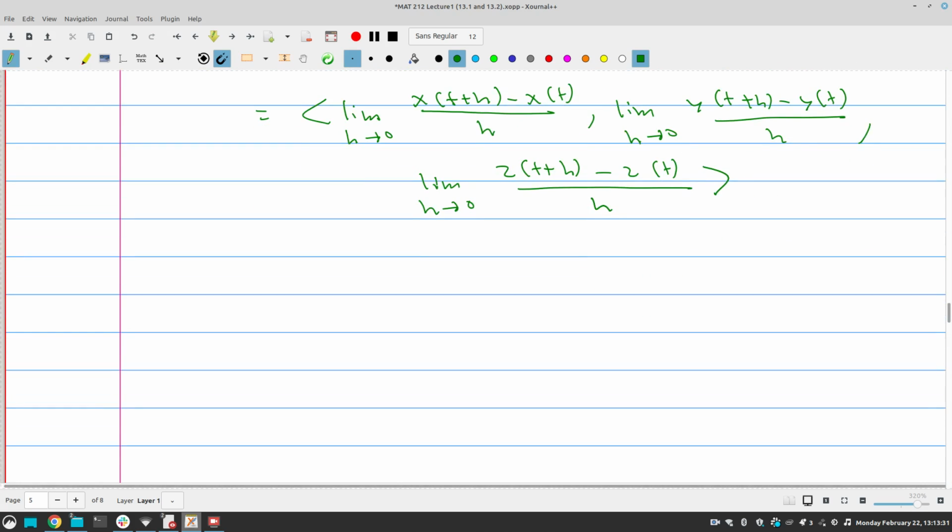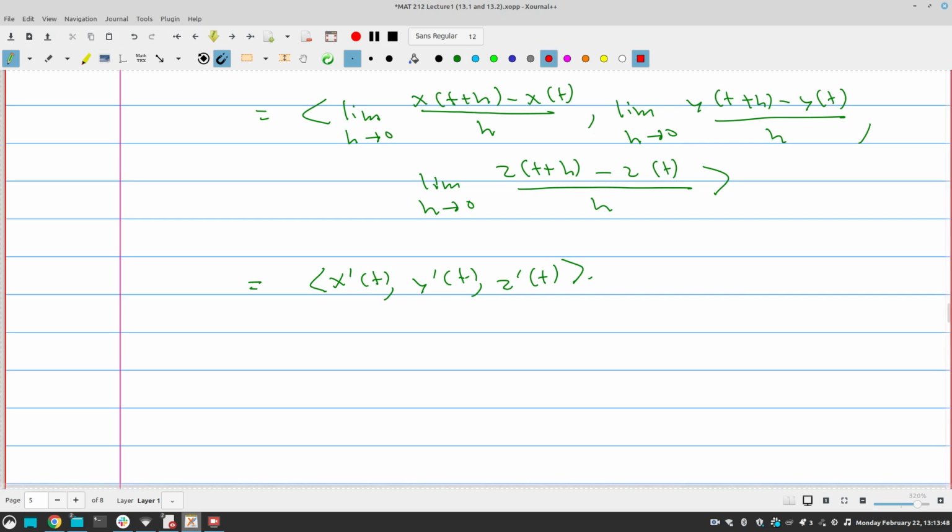But notice that the first of these is x prime t, the second is y prime t, and the third is z prime t. How do you know this? It's from ordinary calculus that you know this.